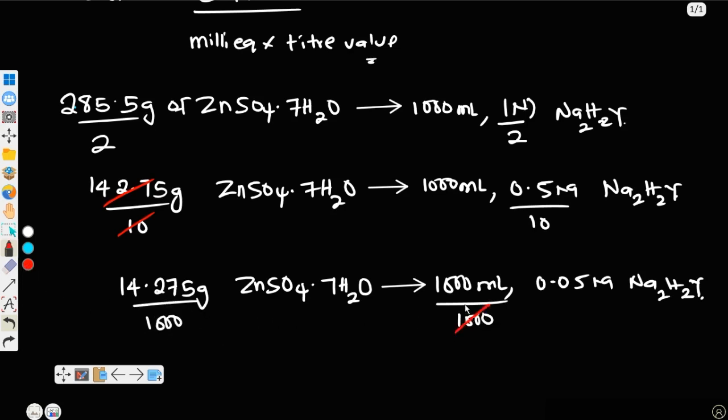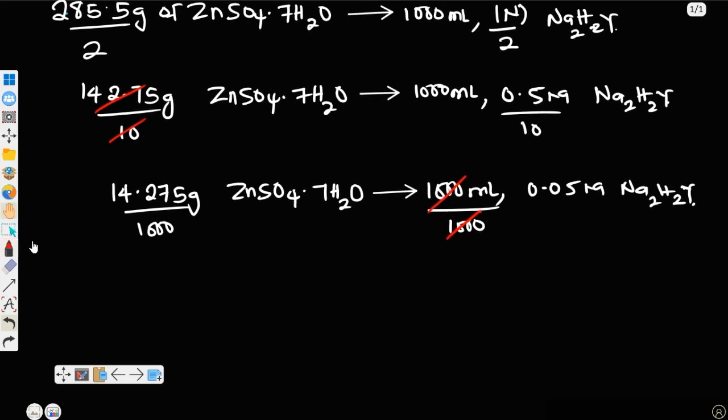Divide both sides by 1000 ml. When this cancels this, because you're looking for 1 ml, and this cancels this, that's going to give us 14.275 divided by 1000, 0.014275 gram zinc sulfate heptahydrate.